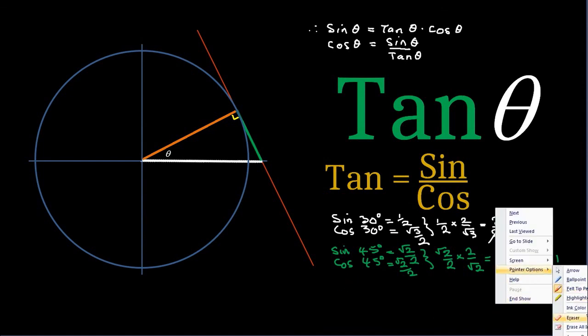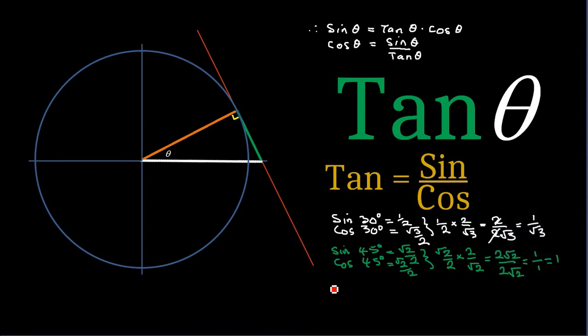Let's do one more, final one. So this time we've got the sine of 60 degrees. Well, the sine of 60 degrees is root 3 over 2. The cosine of 60 degrees is 1/2. And root 3 over 2 divided by 1/2 is the same as root 3 over 2 times 2, or 2 over 1, let's say, equals 2 root 3 divided by 2.